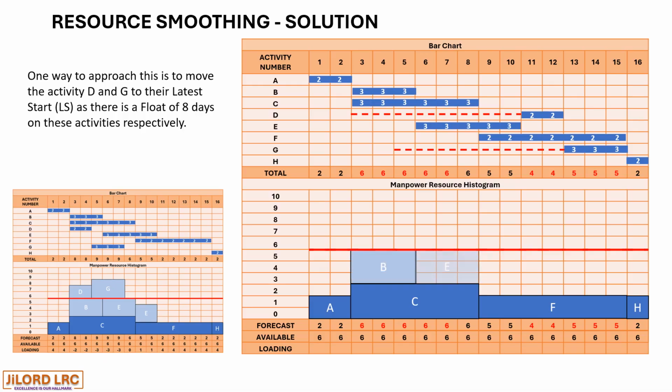So we have B and E placed where they are, and move D and G towards the end of the project. And these are smoothing the resource overload. So we have our loading profile as indicated on the chart.